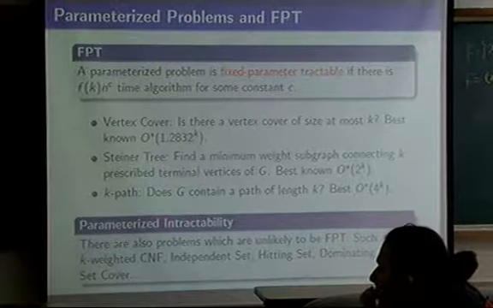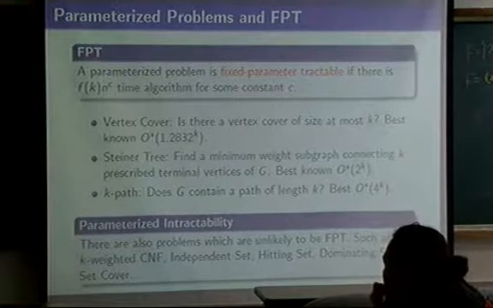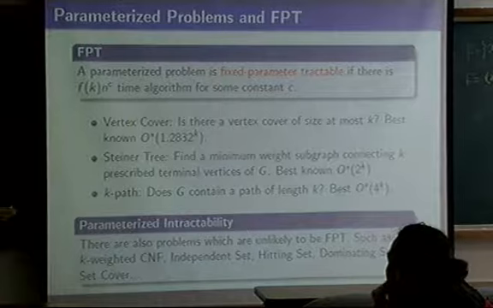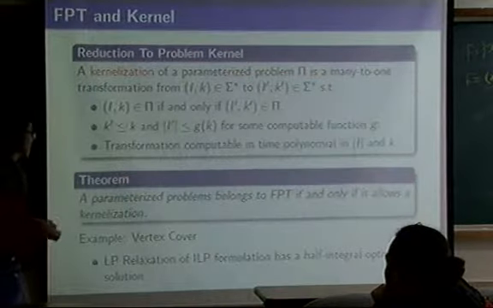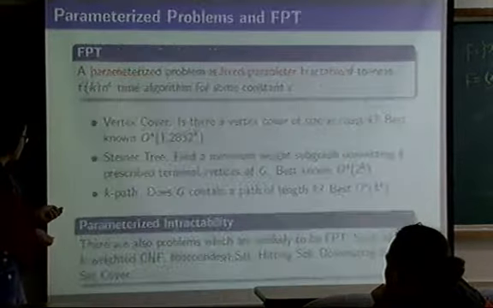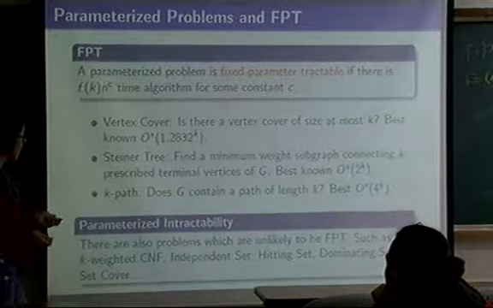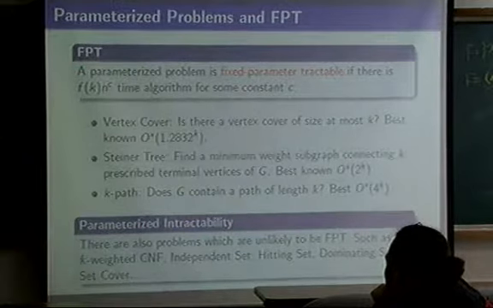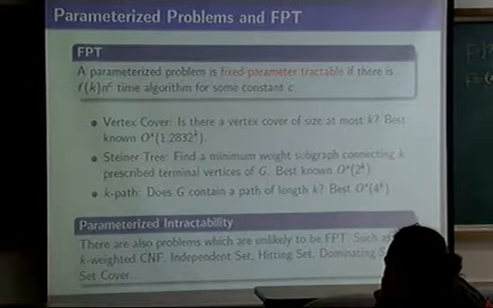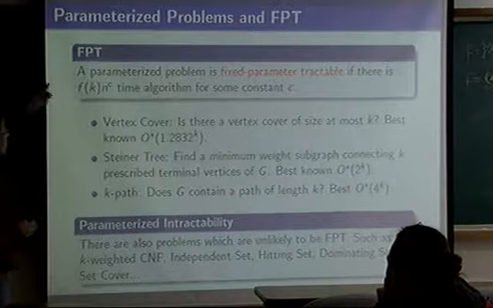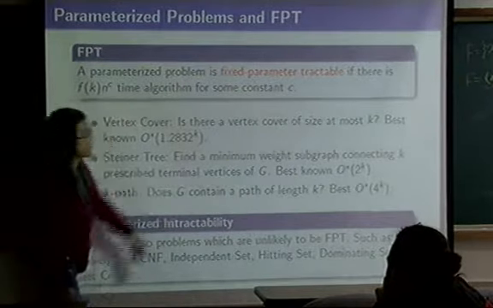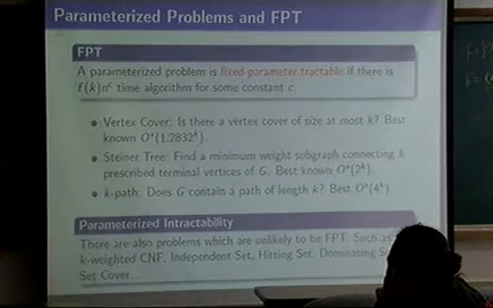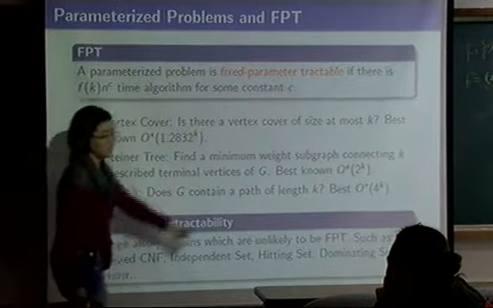But if every computationally hard problem had a fixed parameter algorithm, then there would be no point in saying that some problem is fixed parameter tractable. So fixed parameter tractability makes sense because there are some problems which are unlikely to be FPT.